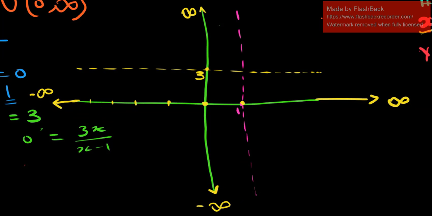Okay, so to get that, we need to look at some points on either side of the asymptotes. We have this point, let's call it point A. That doesn't give us enough information, so let's get some extra points.